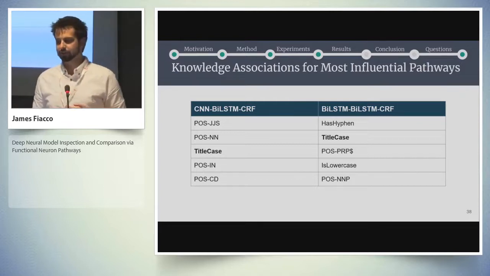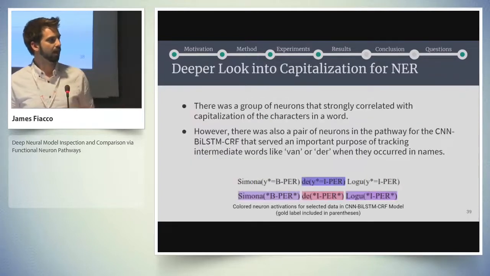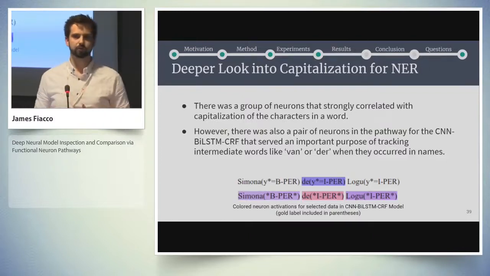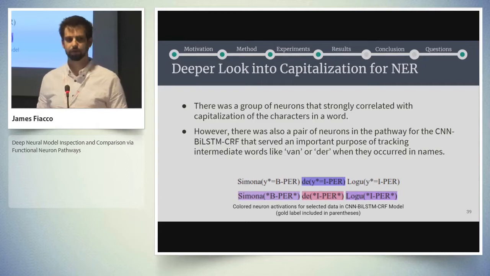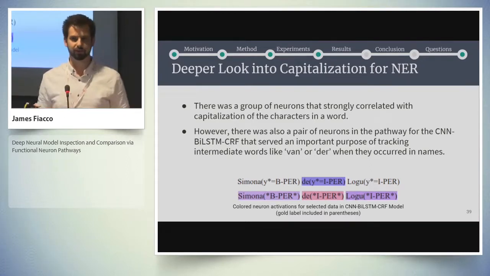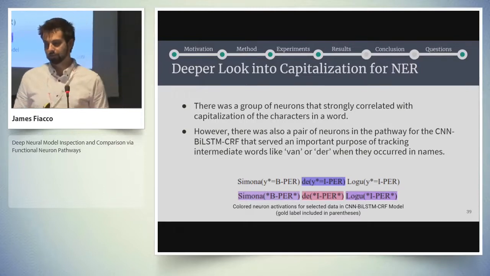So this is something that we wanted to dig deeper into. And in fact, both of the models had a lot of neurons within this pathway that were dealing with capitalization of letters. I mean, it is title case after all.